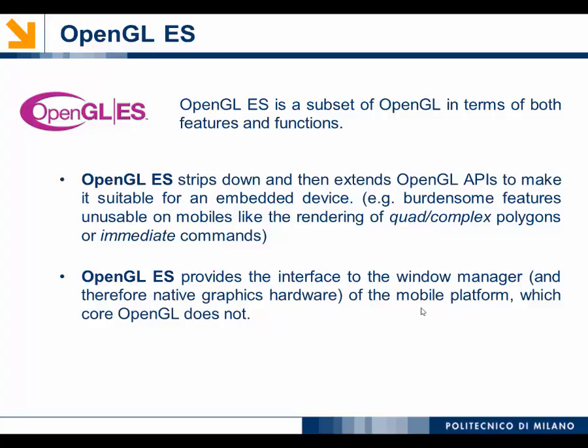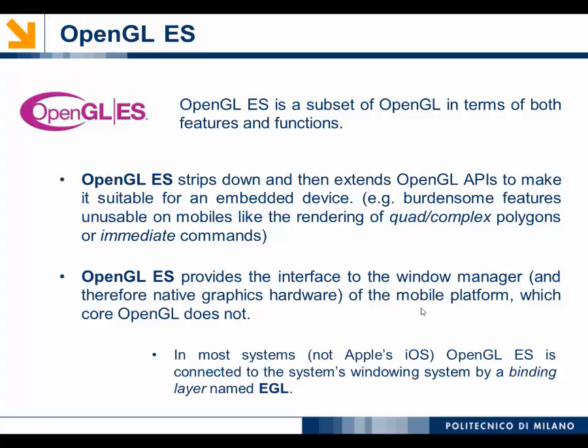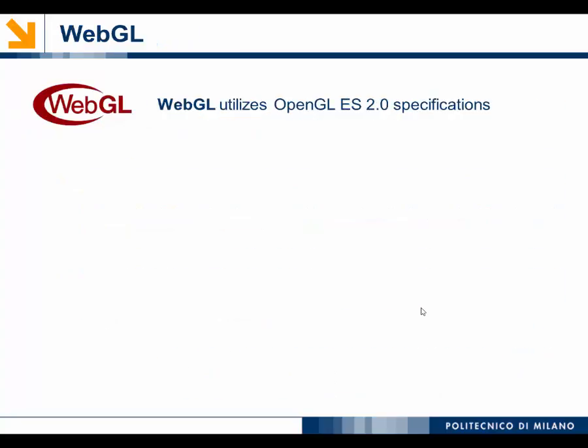Usually this is up to you and other libraries that you use in your client code. But OpenGL ES allows you to do that, also because of the particular situation about operating systems and things like that in an embedded device. This is just a detail, but we don't care about it.